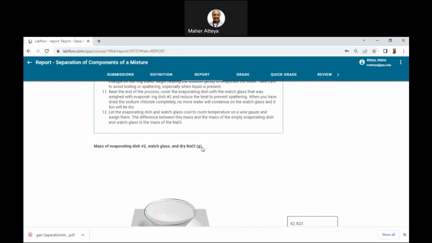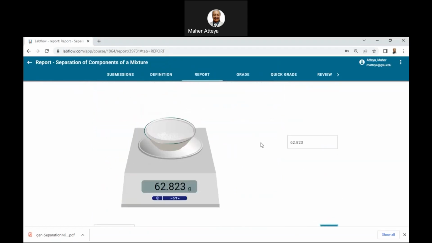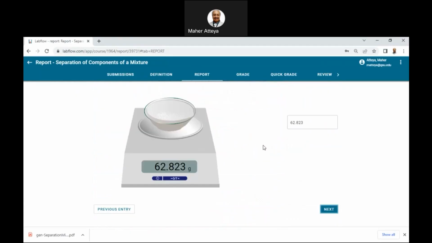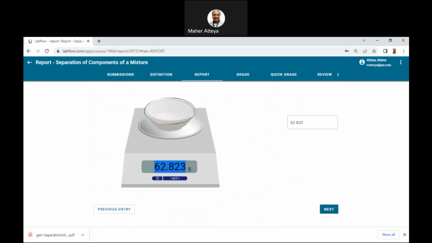You have to make the sum of the three. The sum of the three is 68.823.